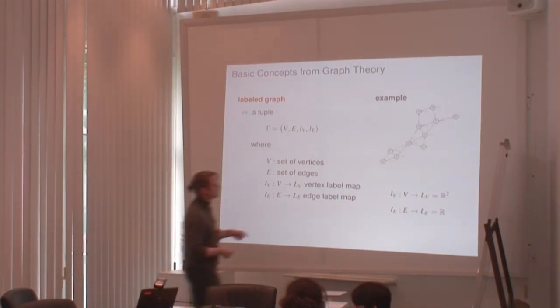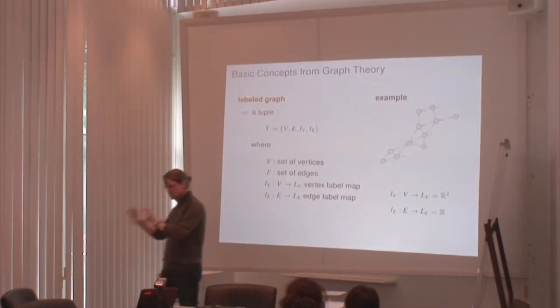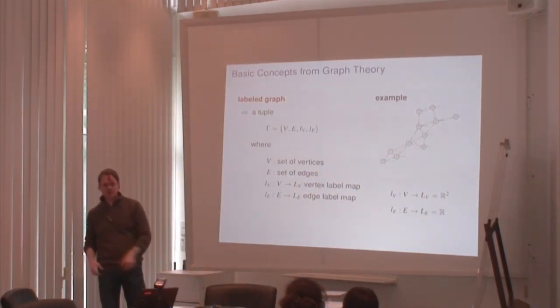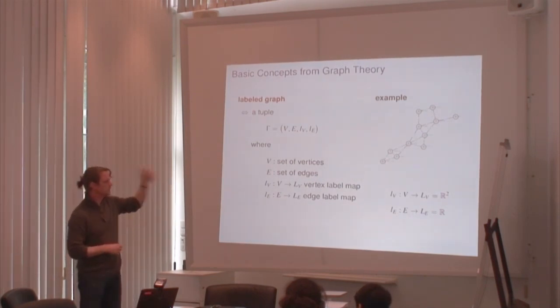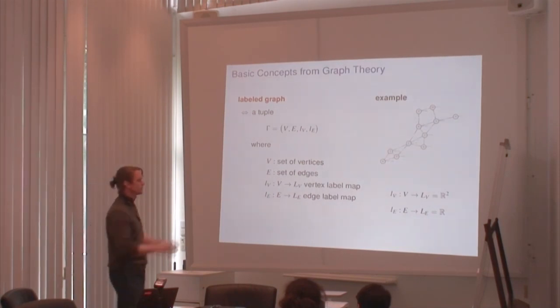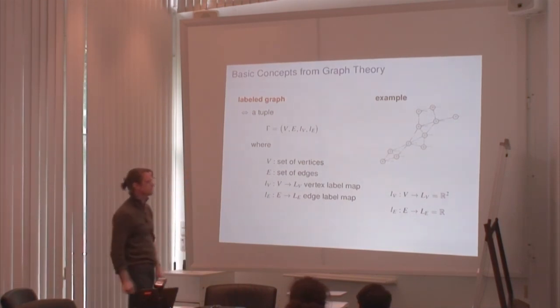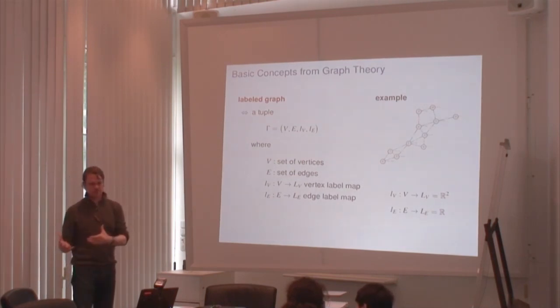The thing inside this circle is the name of the vertex, and the subscript is its label. And this is just a two-dimensional location. This is a two-dimensional surface. We can position these vertices, and then why not, use their locations as their labels.